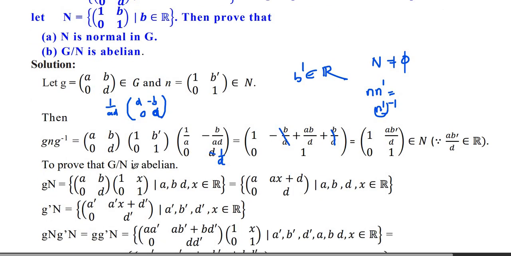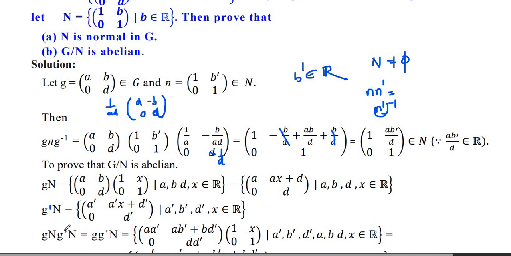Next, to prove that G mod N is abelian, gN, this is a right coset, it's a set of elements of this form. So you have the product on computation giving you this, and similarly g prime N on computation gives you this.